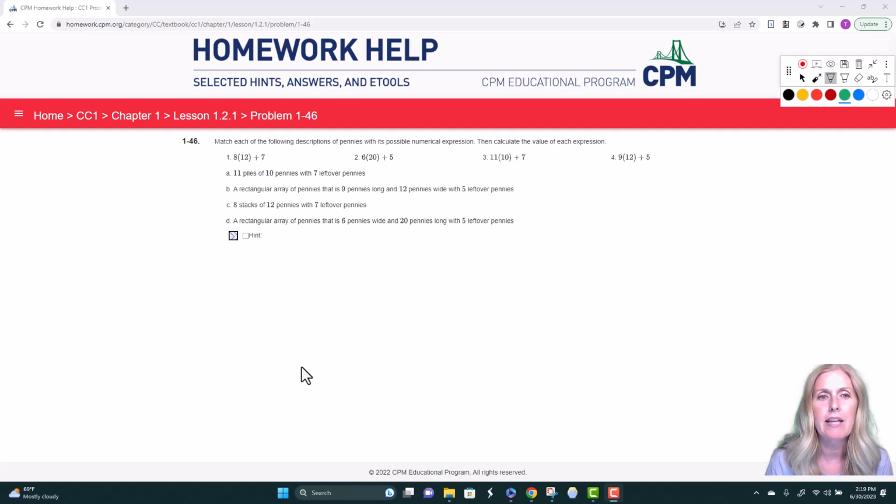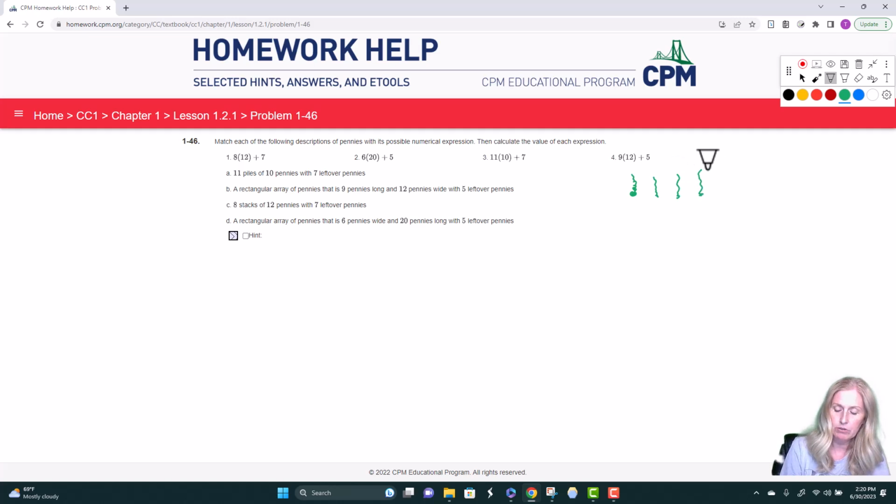They're saying they have 11 piles of 10 pennies with 7 leftover pennies. Can you picture piling up pennies? There's 11 piles with 10 pennies in each.